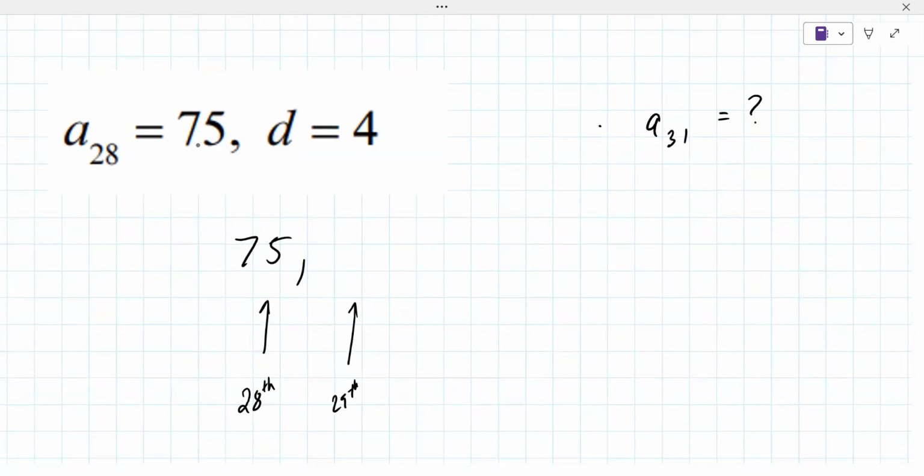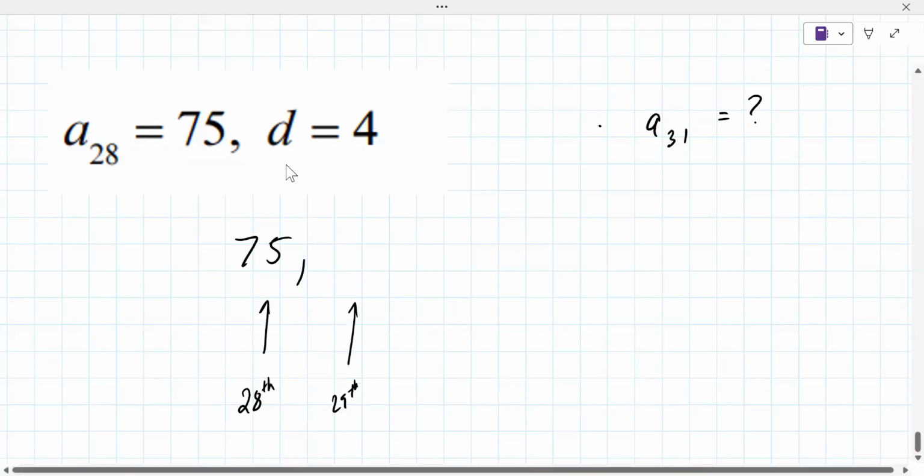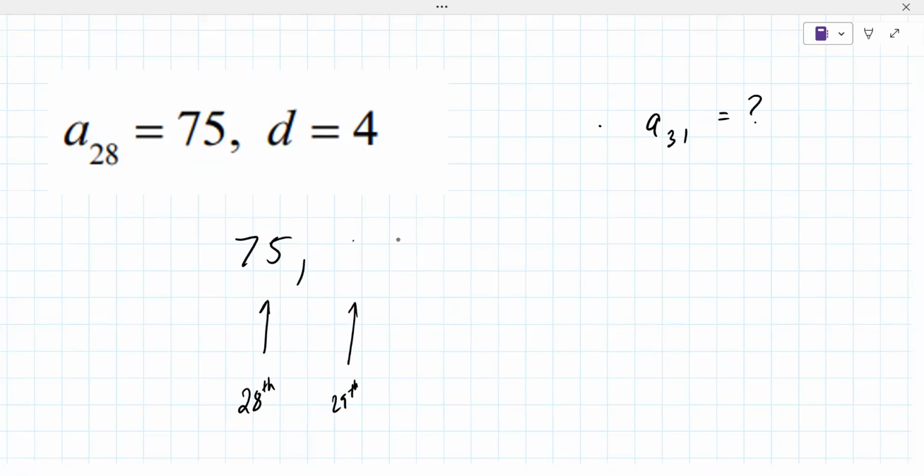What is it going up by? 4? Is that what it is? Okay, so what would the next one be? 80? Try again. No, 79? 79.